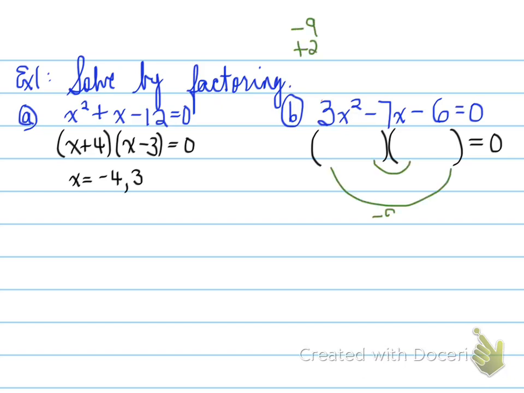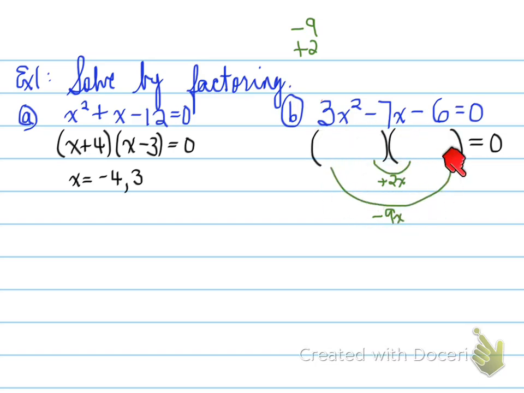So, to do that, we need to find the two numbers that multiply to give you negative 18 and add to give you negative 7, and that is negative 9 and positive 2. Negative 9x and positive 2x, when added together, will give us negative 7x. That's your outer and inner, your OI part of FOIL.